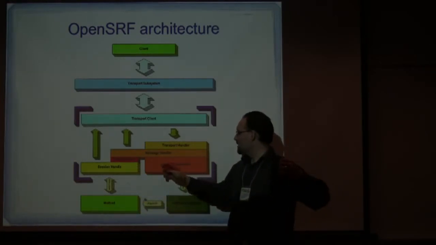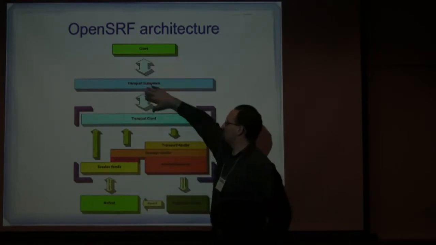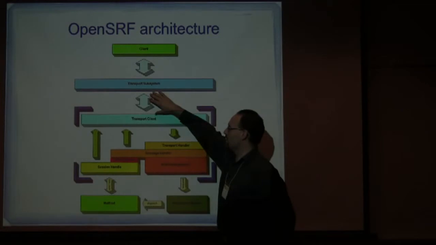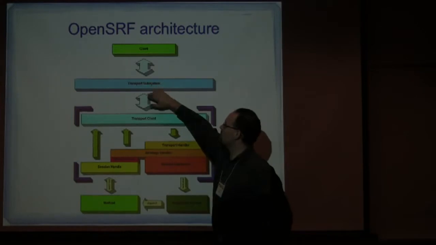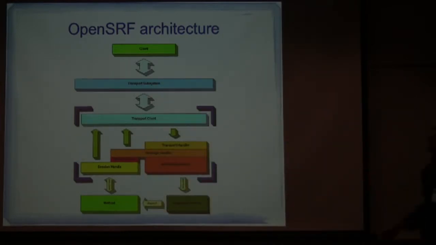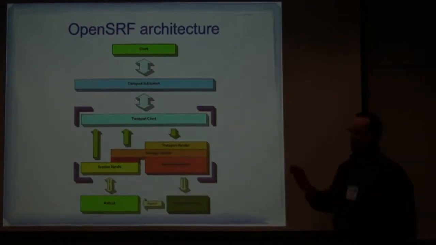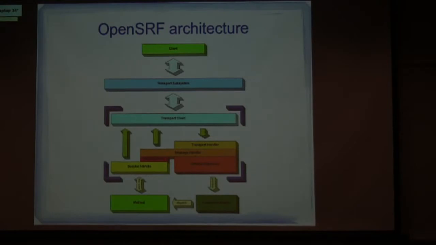Reads in the arguments, sends it back to the client, which then goes back to the transport client, which is usually a Jabber client. Goes back to XMPP or XMPP over HTTP, and then goes back to the client, which could just be a JavaScript call. So that's a really long way of saying right now it's JSON over XMPP by and large.